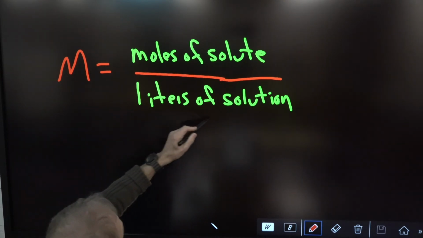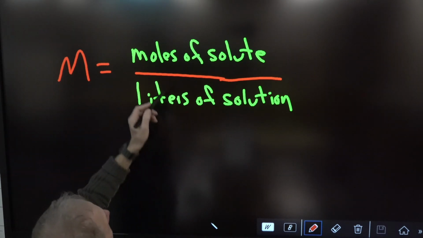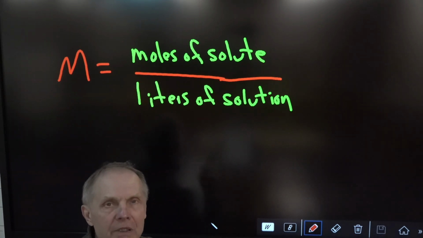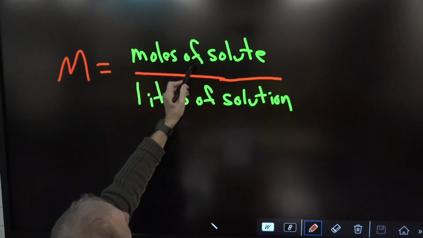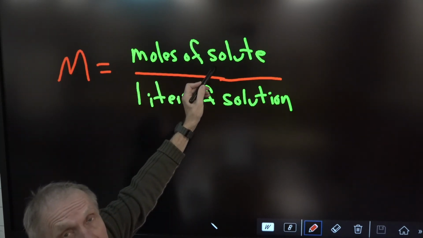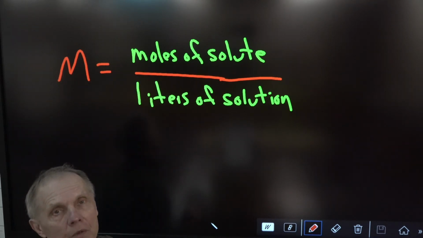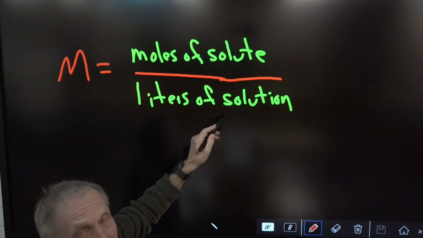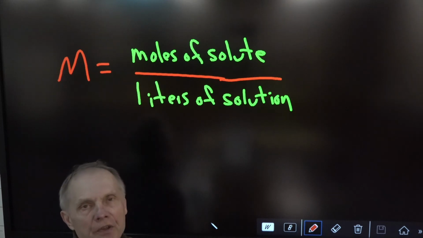So from liters of solution to molarity, that's an indirect relationship. From moles of solute to molarity, that is a direct relationship. So if I quadruple the amount of solute in the solution, then the molarity would quadruple. If I quadruple the amount of water in the solution, then the molarity would be cut to 1/4.